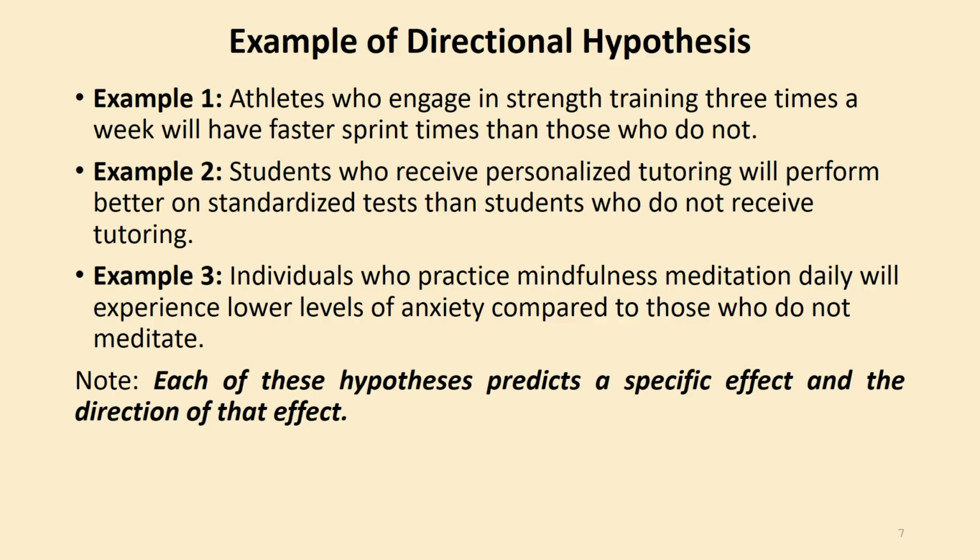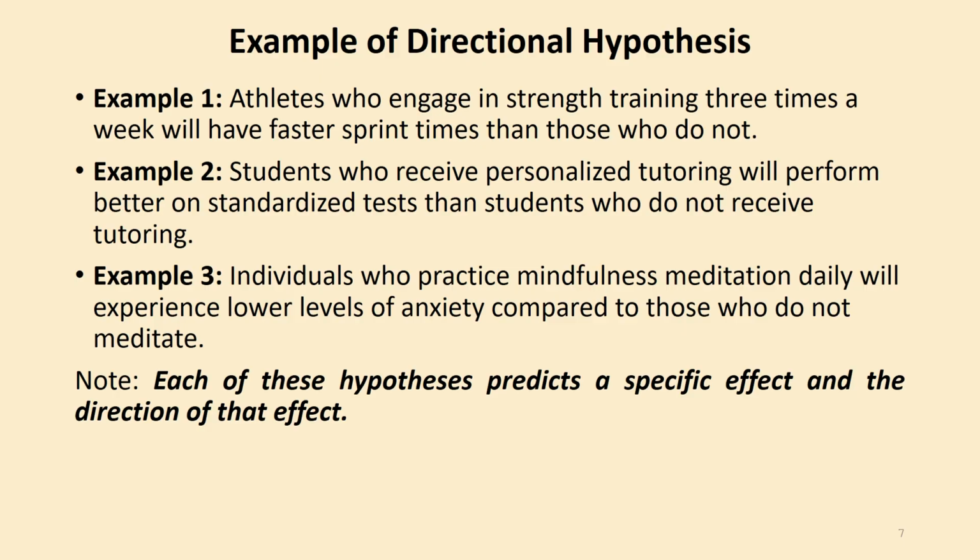Therefore, example number 2 also predicts a specific effect and the direction of that effect. And always remember that direction may be positive, negative, high, low, whatever it is. But the moment a hypothesis predicts an effect as well as the direction of that effect, it comes under the category of directional hypothesis.